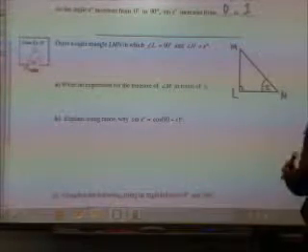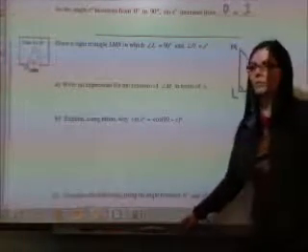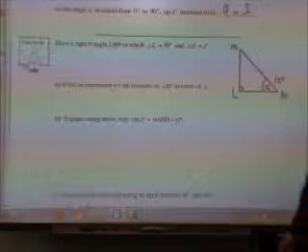So let me repeat that. If angle N was x degrees, what would angle M be? So let's pick a number. If angle x was 12 degrees, what would angle M be?